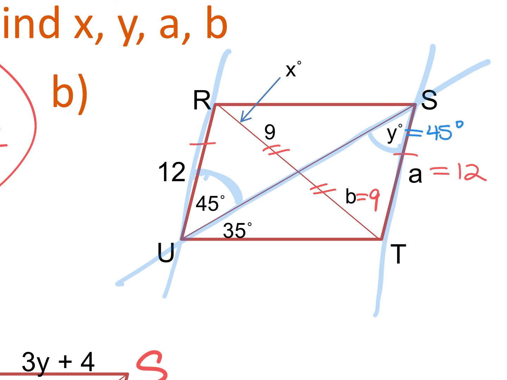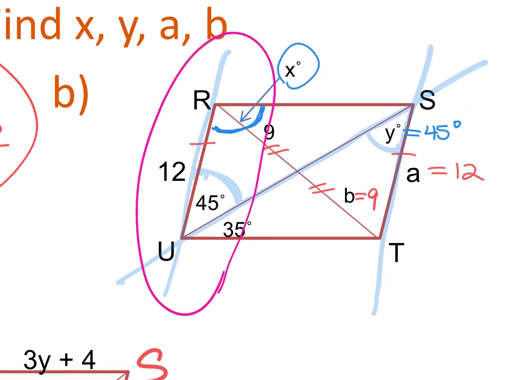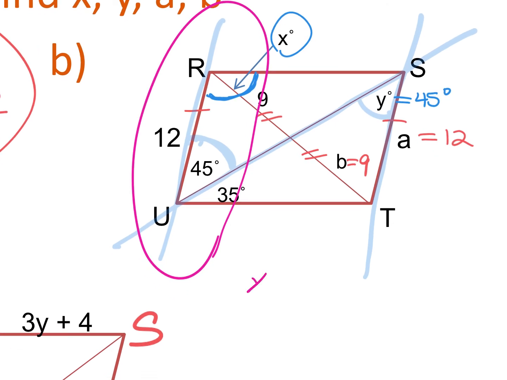And now X is referring to this whole angle here because it's got the little degree symbol. So what I can do is I know that these are same side interior. So what I can do is add X plus 35 plus 45, set that equal to 180. 35 plus 45 is 80.